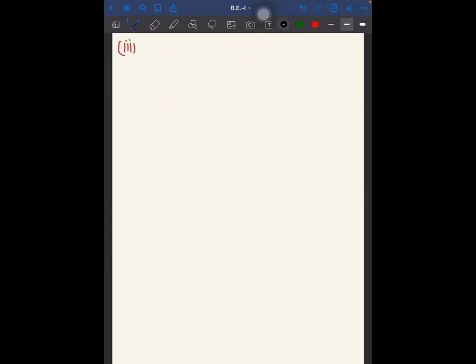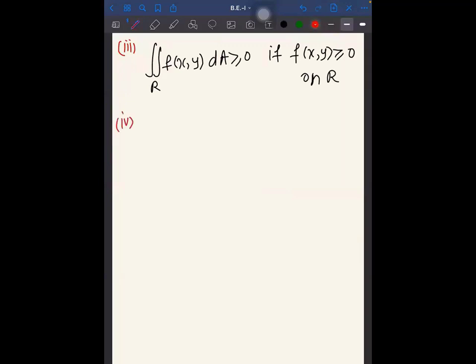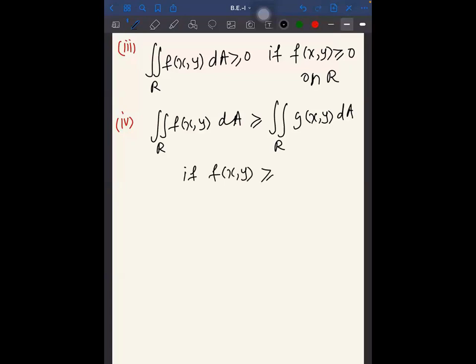If f is greater than 0 on region R, then the integral is greater than 0. Secondly, this integral is greater than or equal to some other integral, let's say of g, if f of xy is greater than g of xy on R. Is it fine?